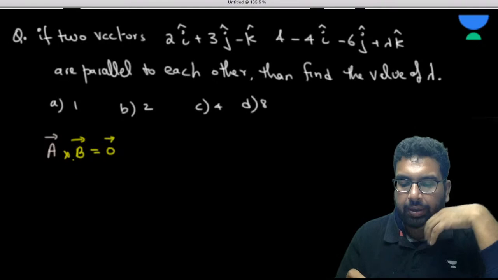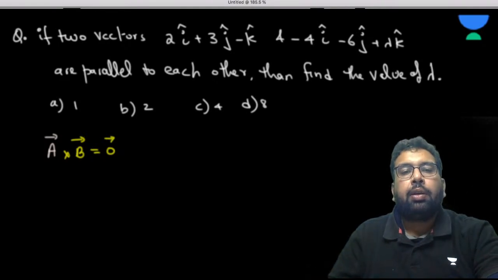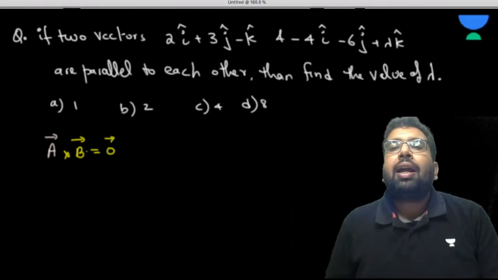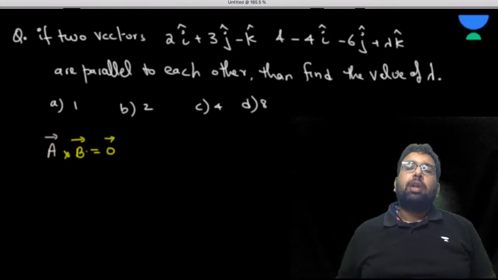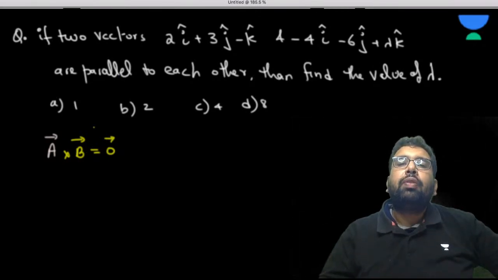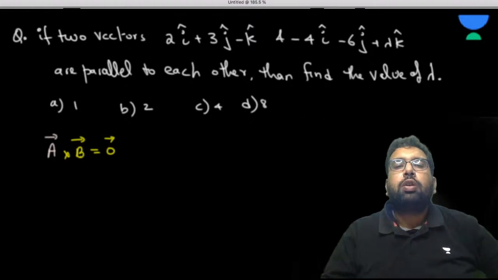Do you agree? Yes or no? We learned it now. Because if two vectors are parallel to each other, that means the angle between them is zero. And when the angle between two vectors is zero, the cross product between those two vectors is going to become zero.